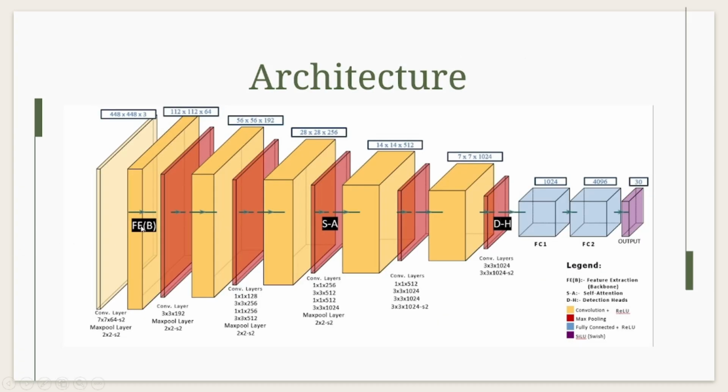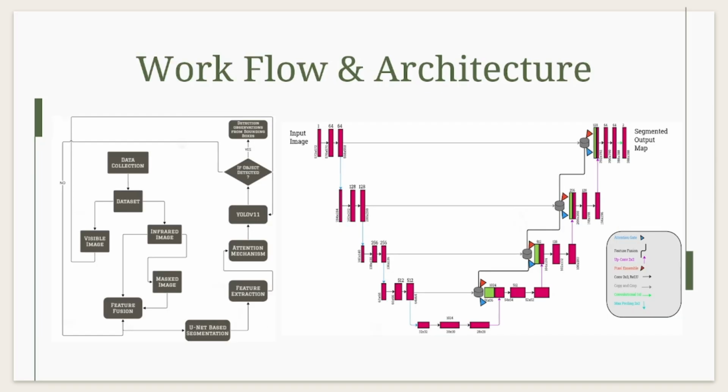Feature extraction is a backbone, and self attention mechanism in the neck, and detection heads, which will completely detect objects in the given frame. And then if the objects are detected, they are clearly highlighted and represented using bounding boxes.